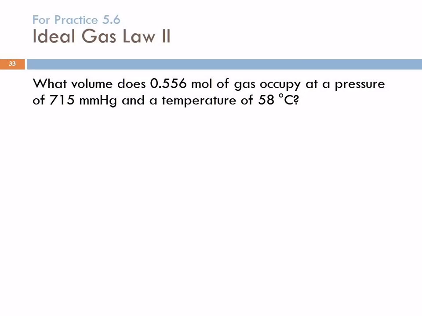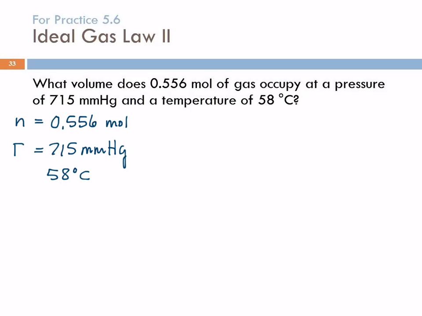So 0.556 moles and 715 millimeters of mercury and 58 degrees Celsius. I need to label these. Moles, that's N. Millimeters of mercury is a unit of pressure.